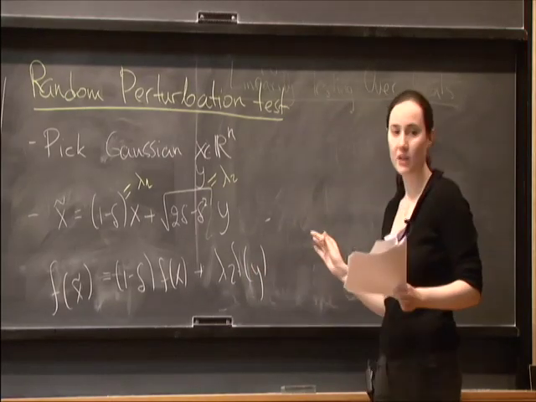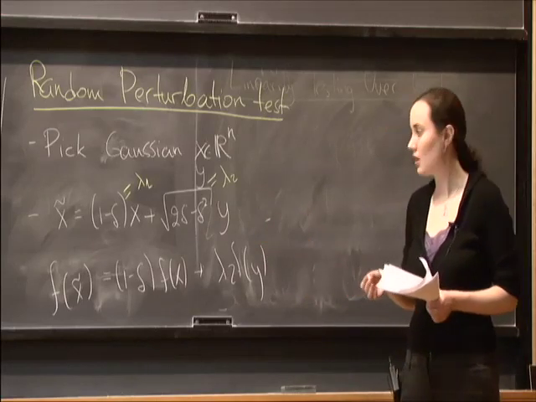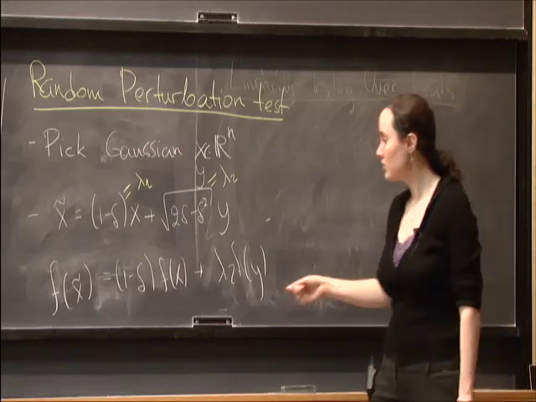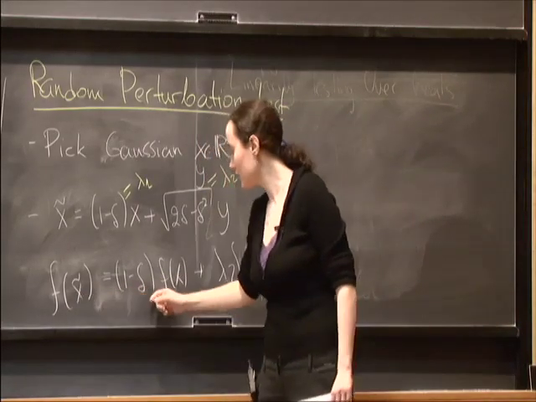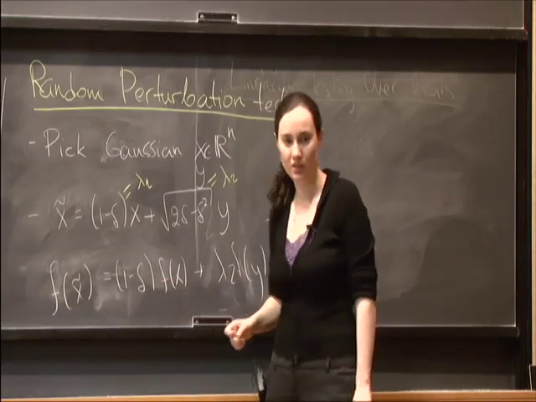Okay, so this is just by linearity. Any f that is linear, in particular the dictators, will satisfy this. And this shows that the value of the function on the perturbation is essentially the same as the value of the function on x.